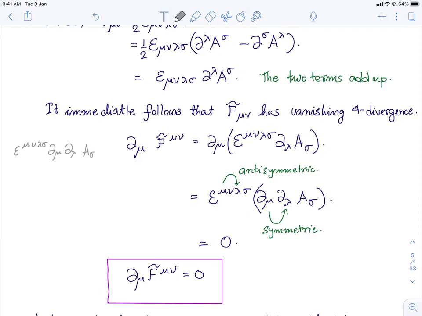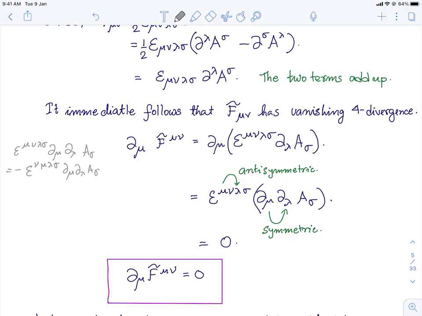Now let me bring the two indices together and write it with a sign. So basically, I can pull the sign out, and I can write it as nu epsilon mu lambda sigma del mu del lambda a sigma. This I have done at the cost of a sign.